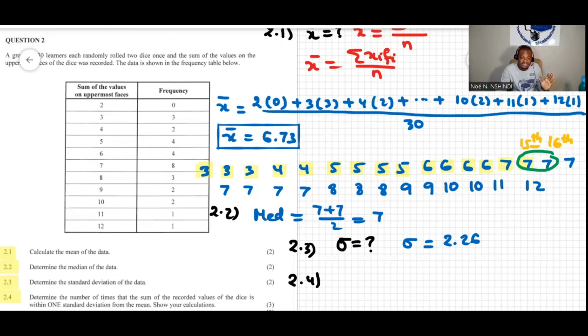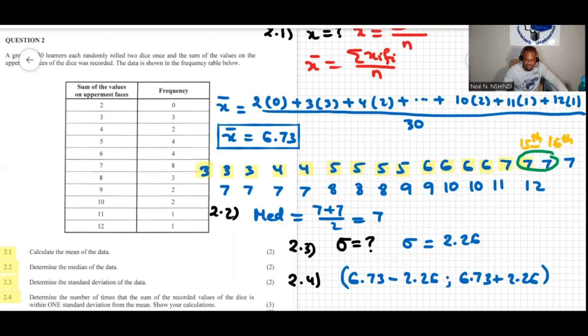The mean is 6.73. So, one standard deviation away from the mean, we do 6.73 minus 2.26 and 6.73 plus 2.26. The values must be in this interval.